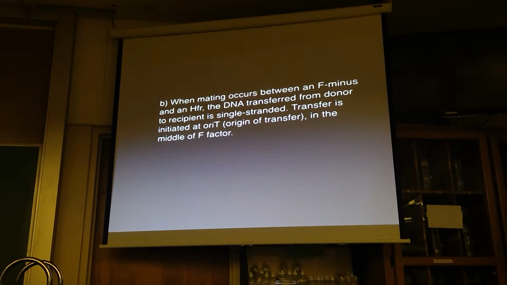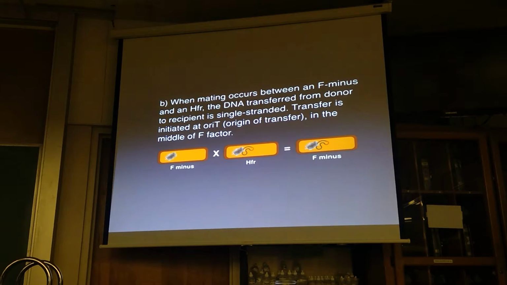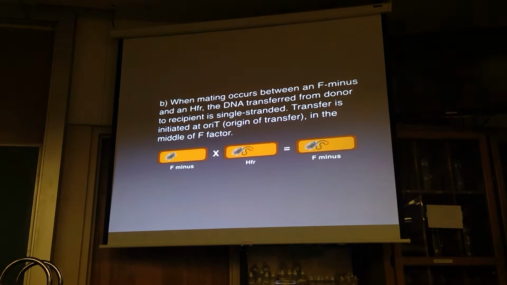If we have mating between an F- and an HFR, the HFR, the DNA is within the chromosome. So usually what happens is while conjugation is happening, the plasmid initiates replication at the origin that initiates a unidirectional replication. So again, a little piece of the plasmid and then part of the chromosome starts being transferred to the recipient cell.